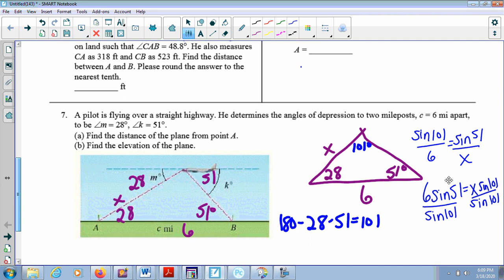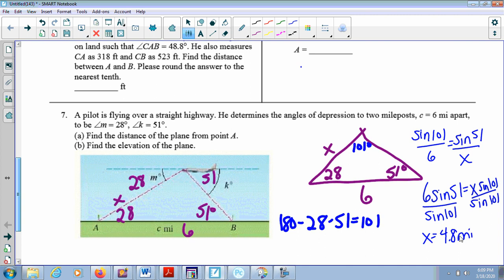Okay, so we'll just type that in the calculator, and that will give us our length between the plane and A. So 6 sine of 51 divided by sine of 101 is going to give us 4.8 miles.